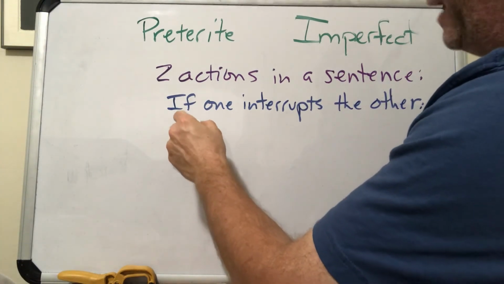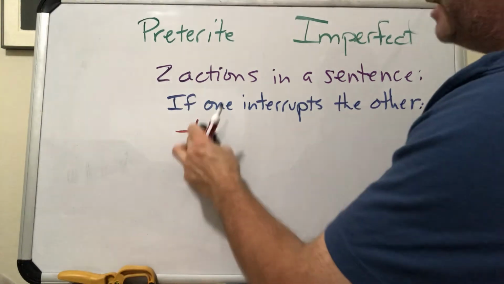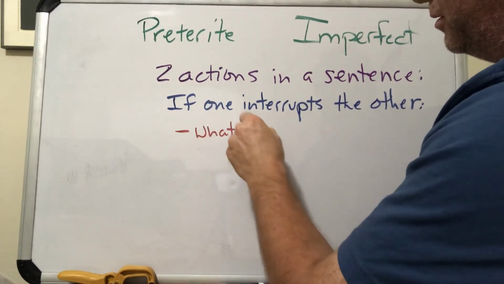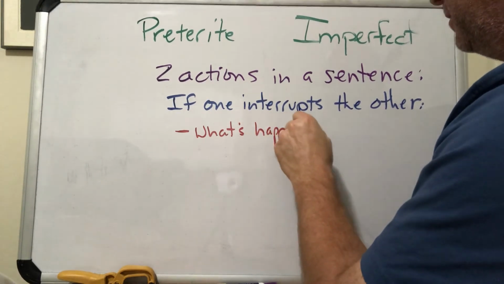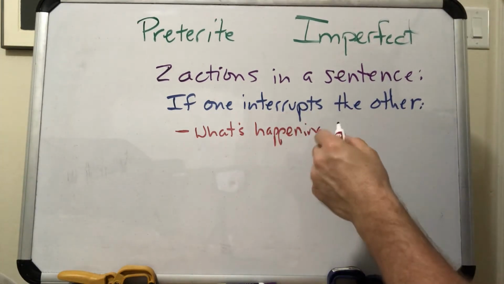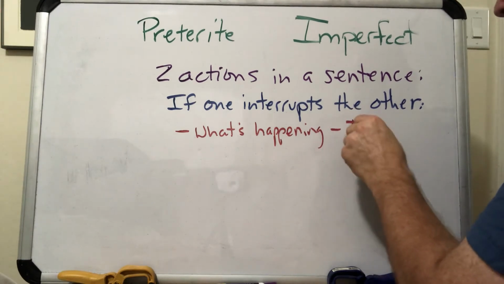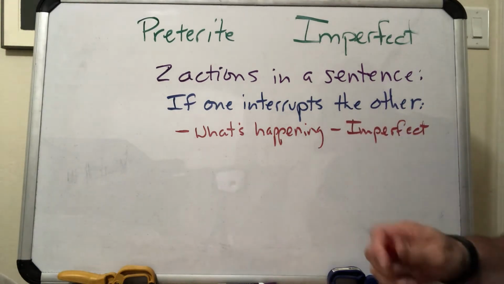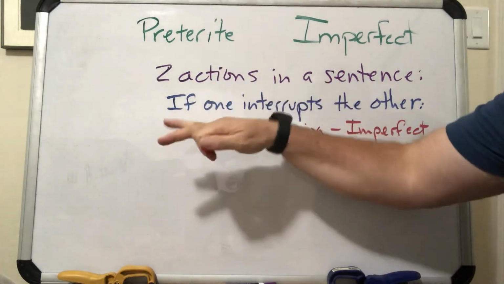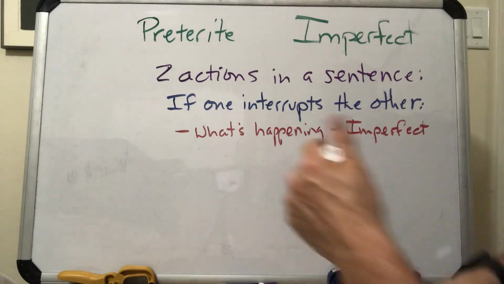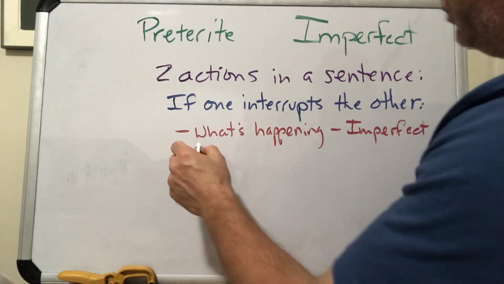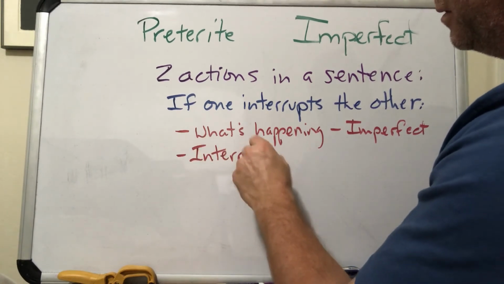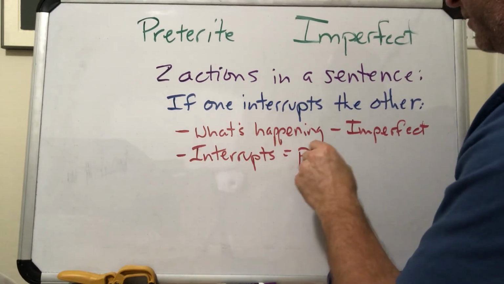The background action, or what's happening, whatever's going on, like I was watching TV, that's going to be imperfect. Remember, we said I used to do something, or I was doing this thing. So I was watching TV, and then the action that interrupts, that's going to be the preterite.